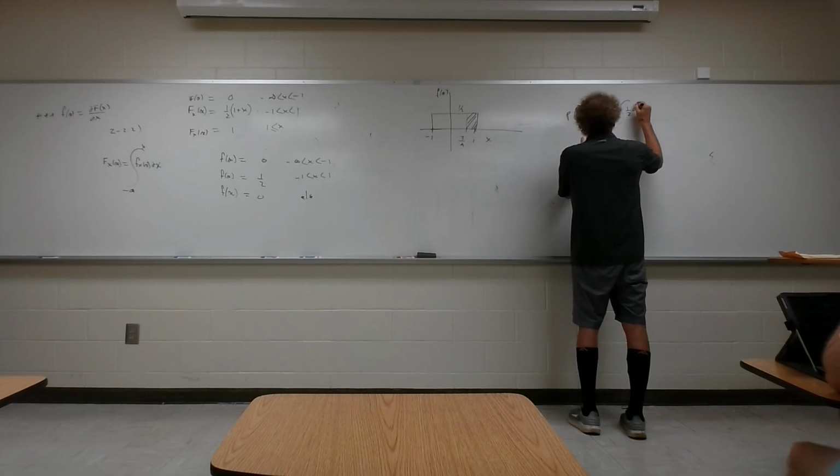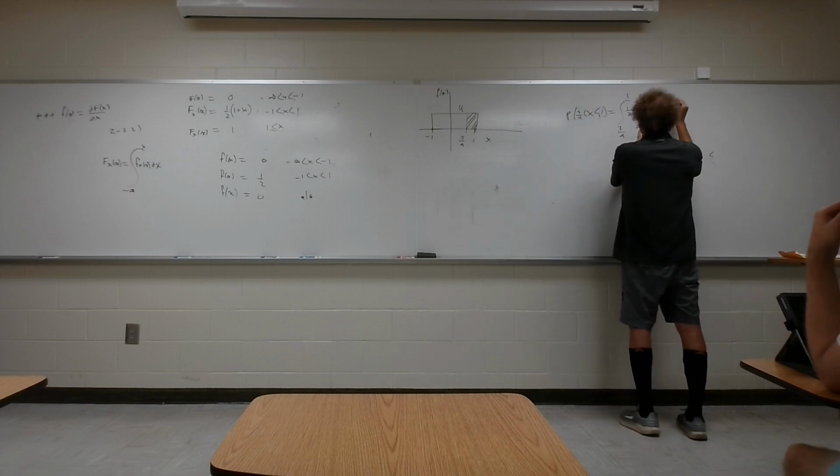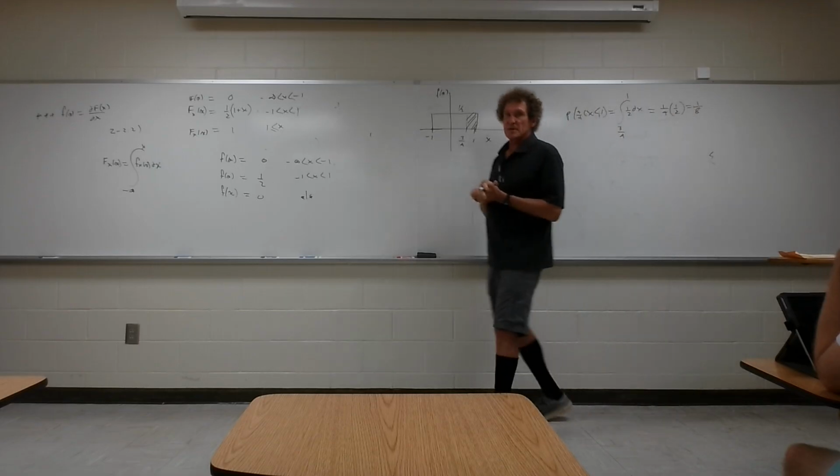And it's going to be times dx from 3/4 to 1, and that's simply going to be, well, 1 minus 3/4, it's going to be 1/4 times 1/2 or 1/8. Do you all agree with this, class?